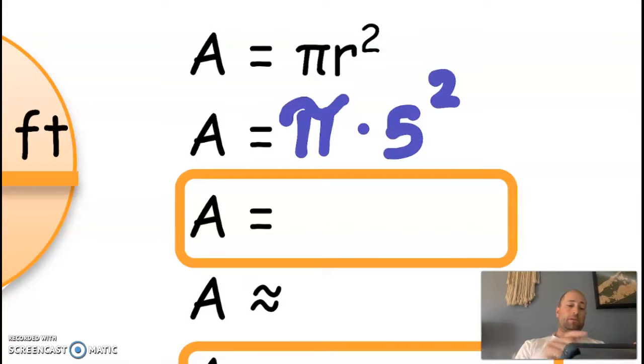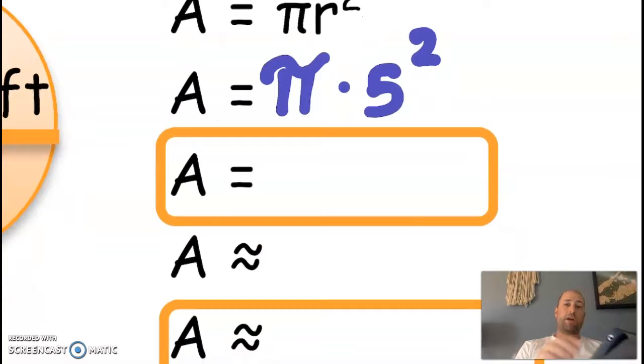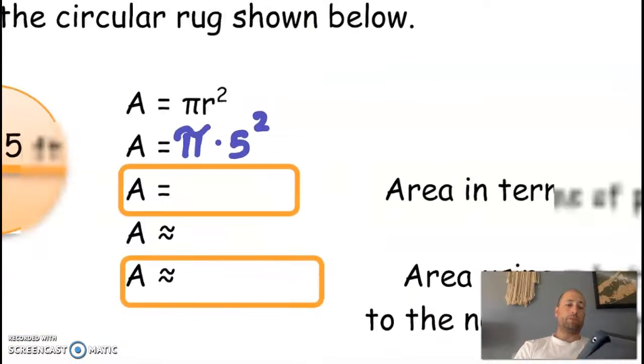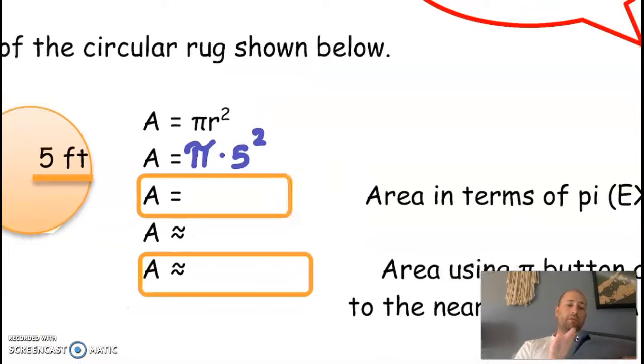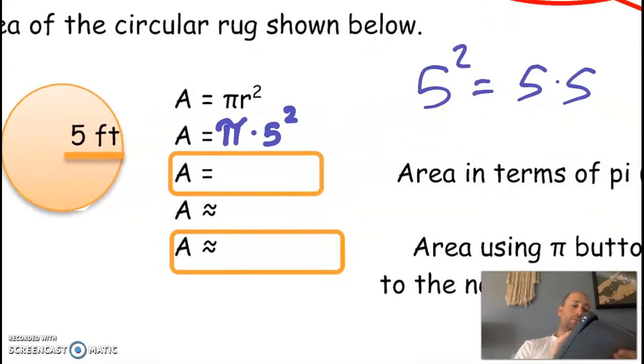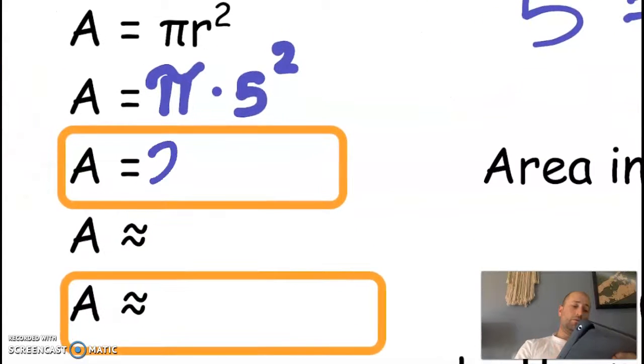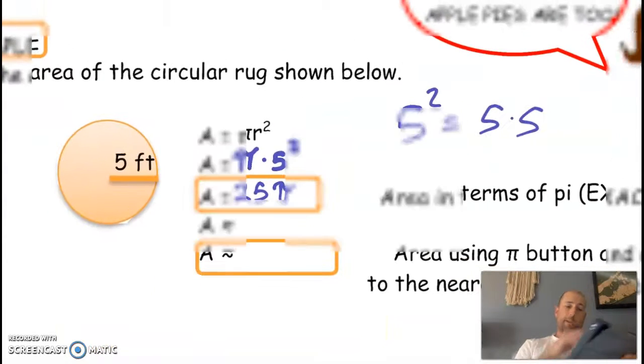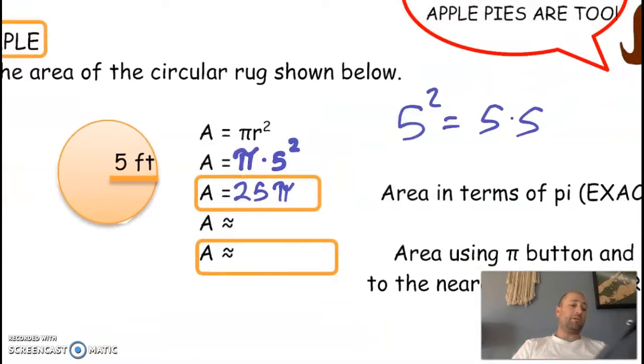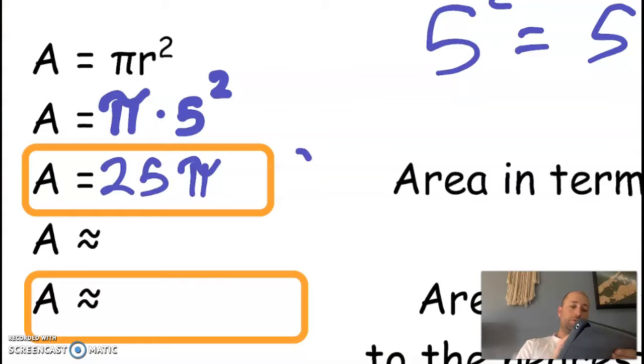What is 5 squared? 5 squared is equal to 5 times 5, not 5 times 2. So what I got here is 25 pi. That's my exact area, or area in terms of pi. If I want to put units, that would be feet squared.